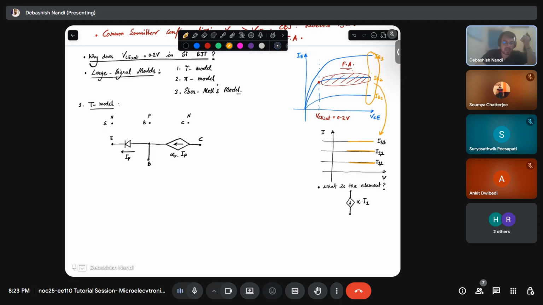So various values of base current control the level of collector current. So this is basically a current controlled current source. Fine. So exactly the same way you model your PNP or NPN BJTs in this fashion. So this is called your T model or T large signal model, mostly used in common base configuration. Okay.